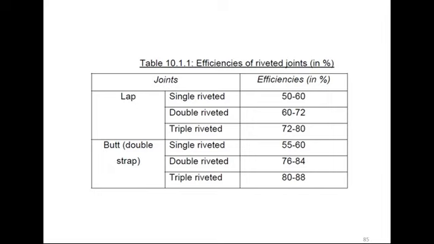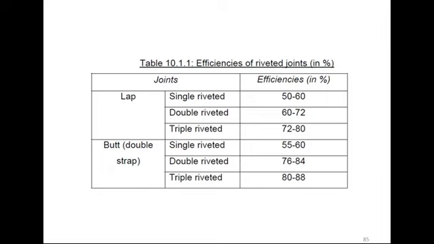When a middle kind of efficiency is required, we select the double riveted lap joint. And if very little efficiency is required, since sometimes less efficiency is acceptable, we prefer the single riveted joint.